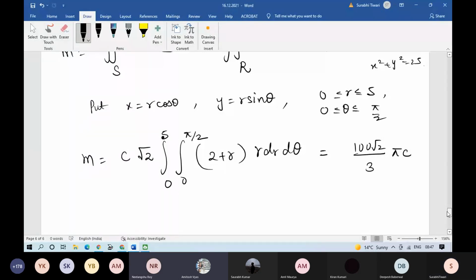There will be a pi square and a pi cube because r square dr and r dr. तो r की वैल्यू नहीं रखोगे 0 to 5? Oh, okay, ma'am. Got it.